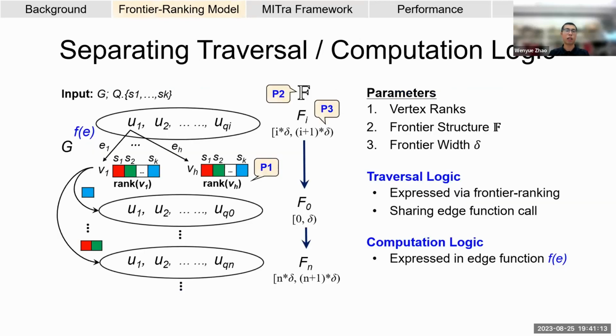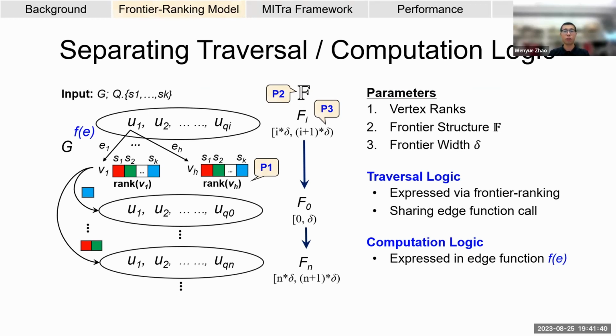We proved that our frontier ranking model is more expressive than existing vertex-centric frameworks. Now let's see how the frontier ranking model provides an abstraction for graph query, separating traversal logic and computation logic. We have 3 parameters, as we said before: P1 for vertex rank, P2 for frontier structure, and P3 for frontier width. Graph query traversal logic is captured by the vertex ranking process.